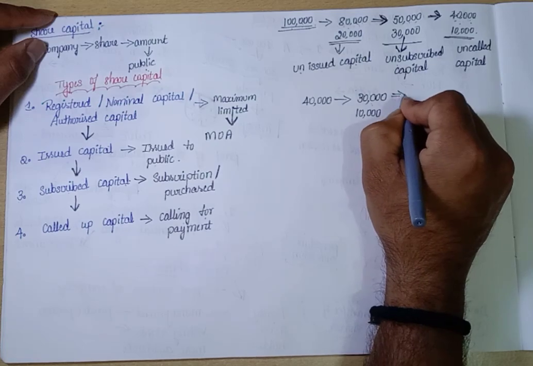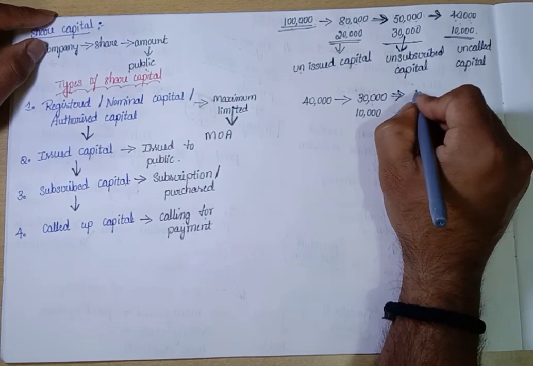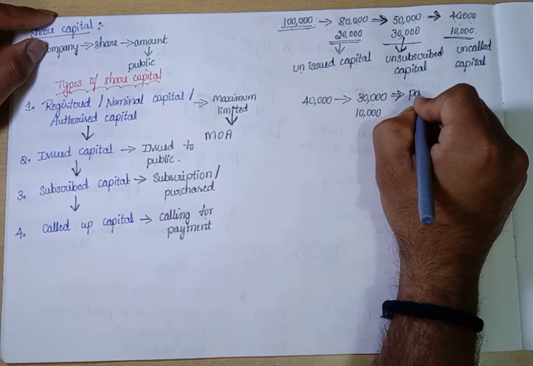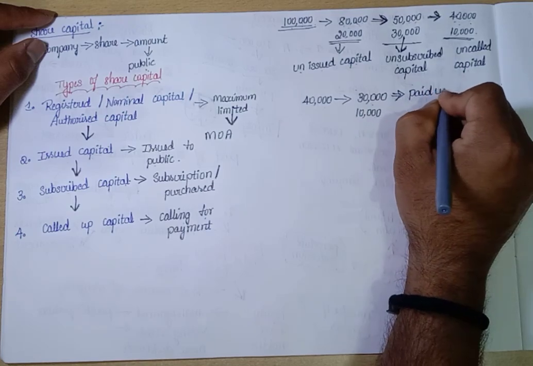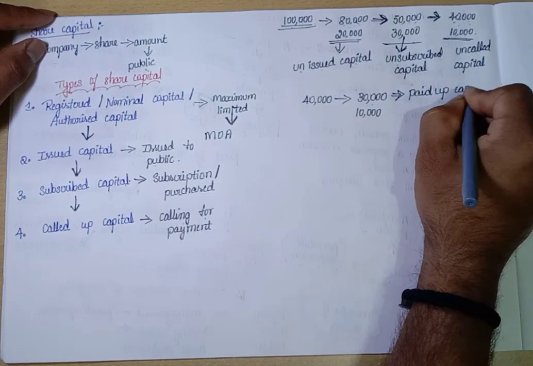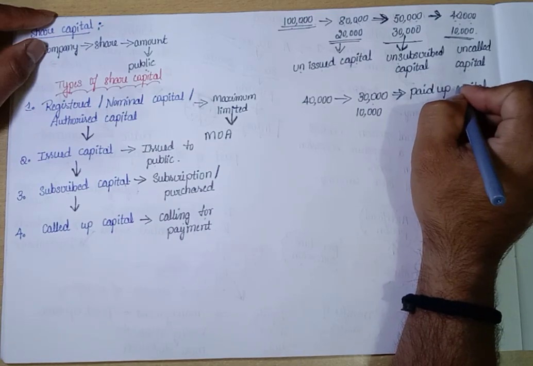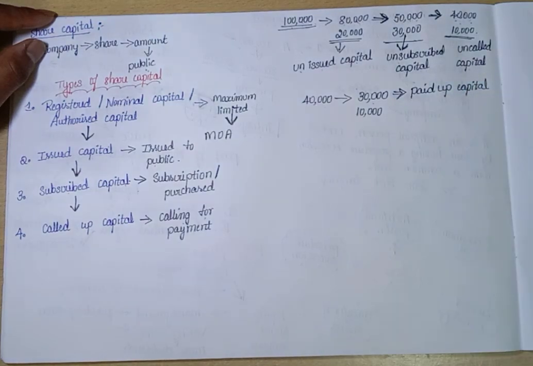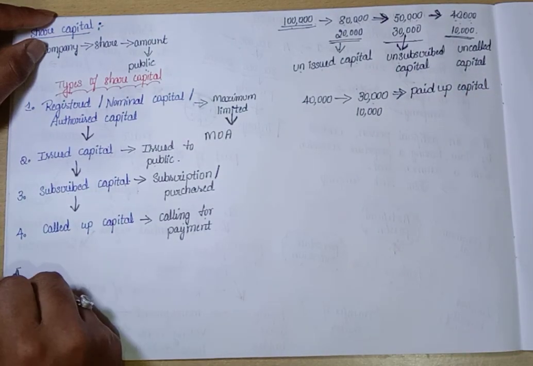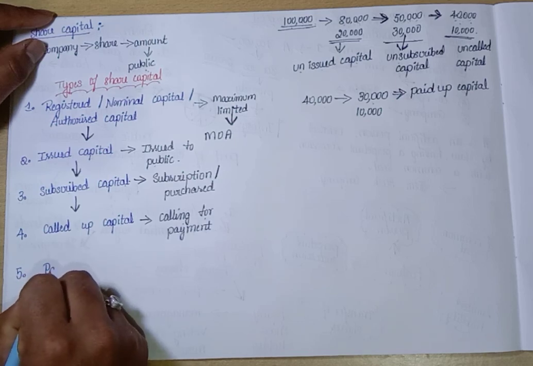Whatever they paid, this 30,000, is called paid up capital. This is the actual amount shown in the balance sheet as share capital. So the last type we have here is paid up capital.